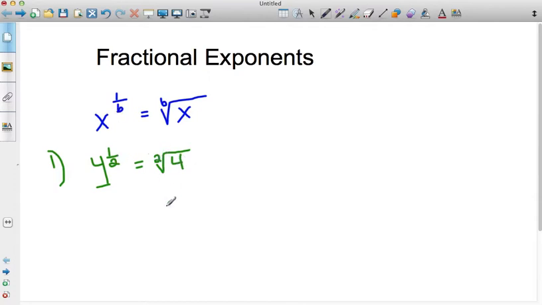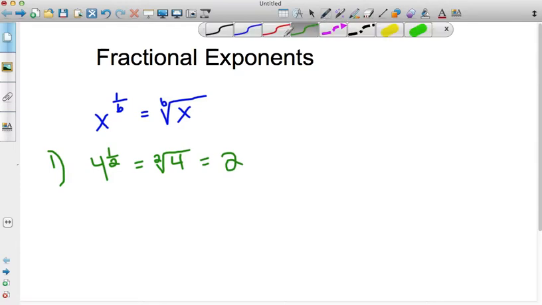So this is our most common one, the square root, which we all know is what times what is 4, and that ends up being 2. That was our first example. 4 to the 1/2 is 2.